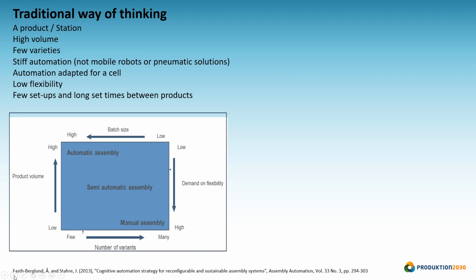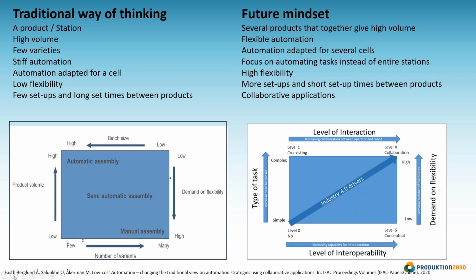But if you look at the future mindset, there could be new factors that would be taken into consideration. And I will talk about level of interaction and level of interoperability in the market submodule.